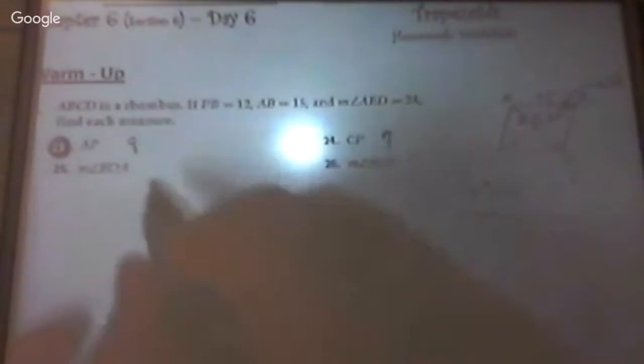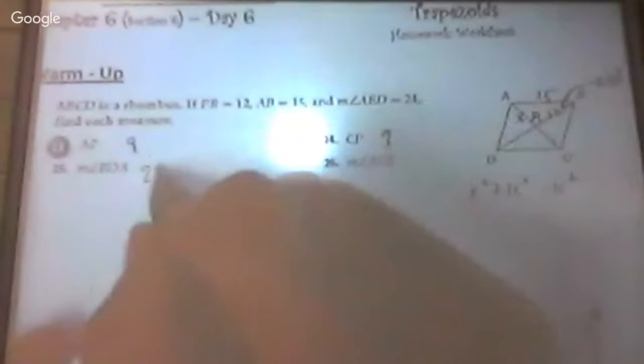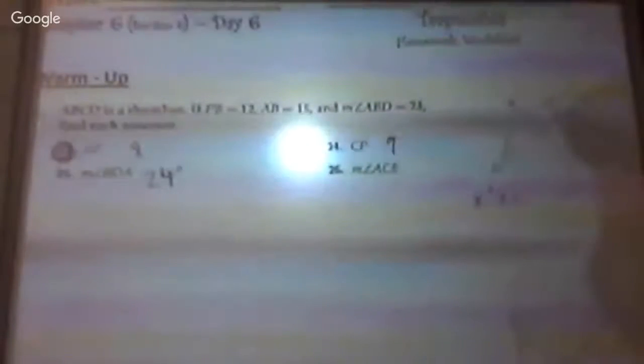Next one, BDA. If this one's 24, this one's 24, because the angles in a rhombus are bisected by the diagonals. And ACB, the angle ACB, well, this is 48.